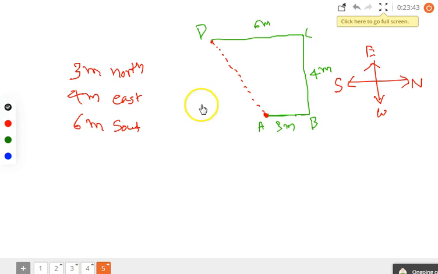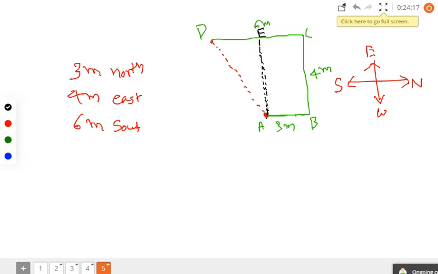A to B, B to C, C to D, you know that. Cut this line. What is this length? It looks like a rectangle, right? Opposite sides of a rectangle are equal. So from A you can mark this point as E over here.